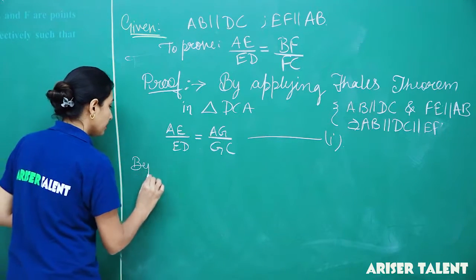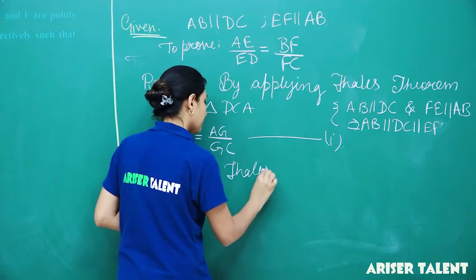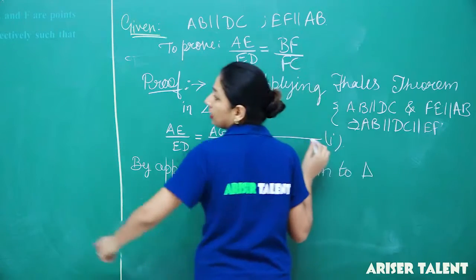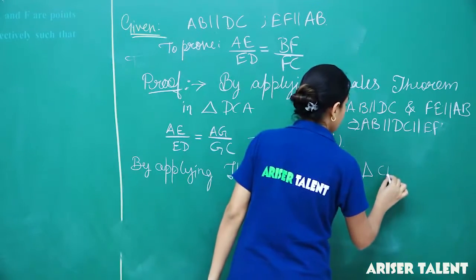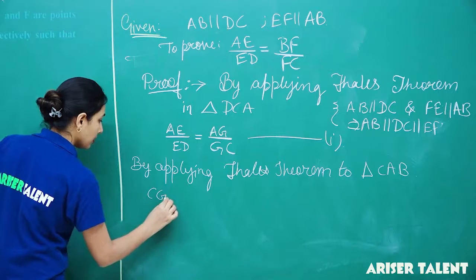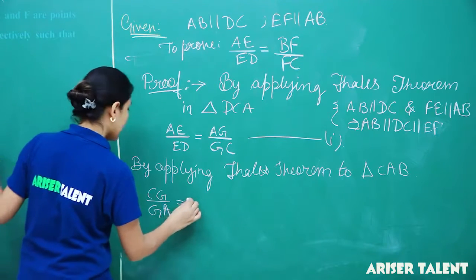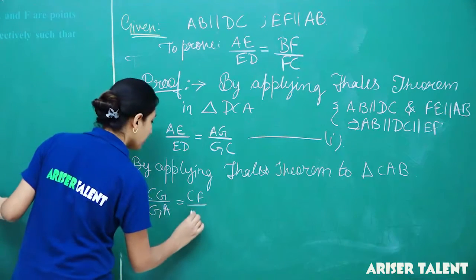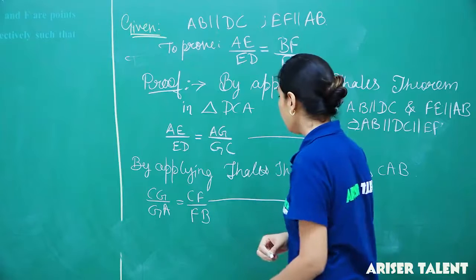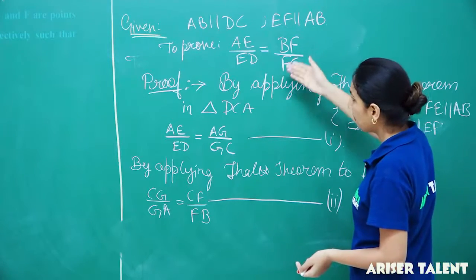Now, by applying Thales theorem again to this particular triangle CAB, what we will get is CG by GA will be equal to CF by FB. Okay, this is equation second.